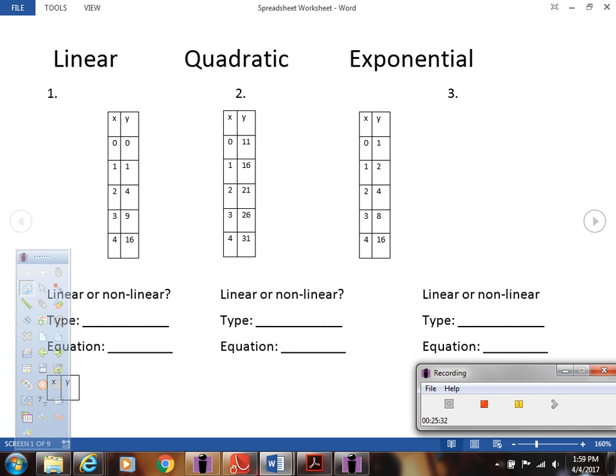Let's try the other 3 to see if you would be able to use the spreadsheet with that. I want you to use the spreadsheet with it. See how it would help.